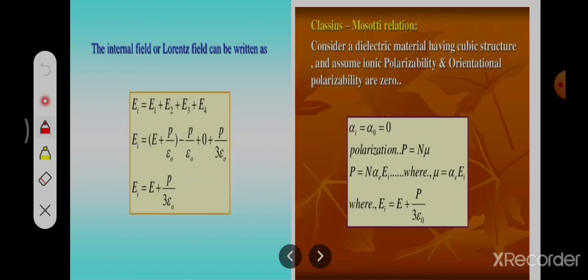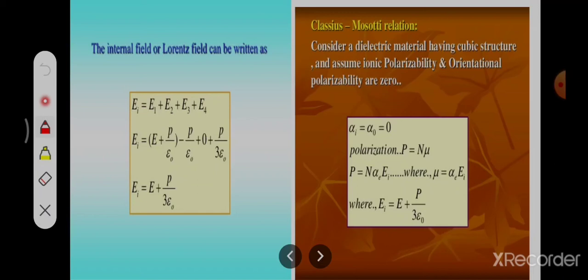What is the Clausius-Mossotti relation? Here we are considering a dielectric material having the cubic structure and assume the ionic polarizability alpha I and orientational polarizability alpha O are equal to 0. We know the formula polarization P is equal to N into mu.